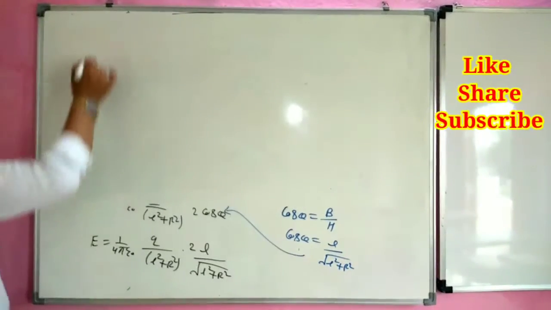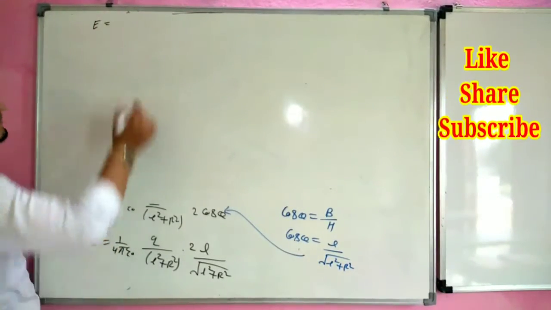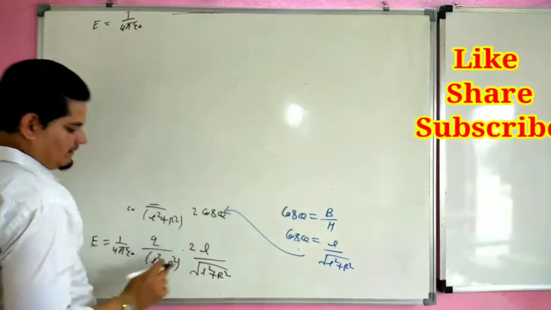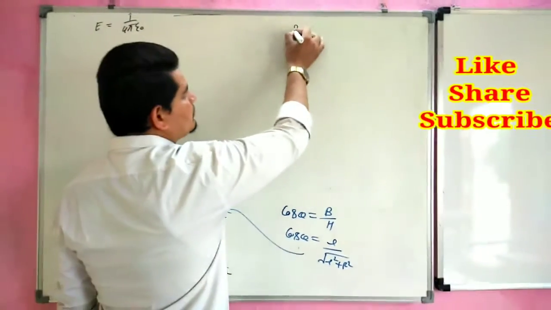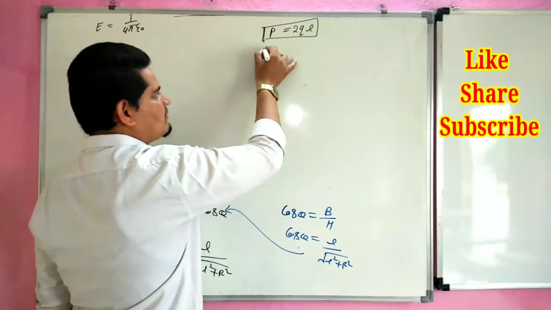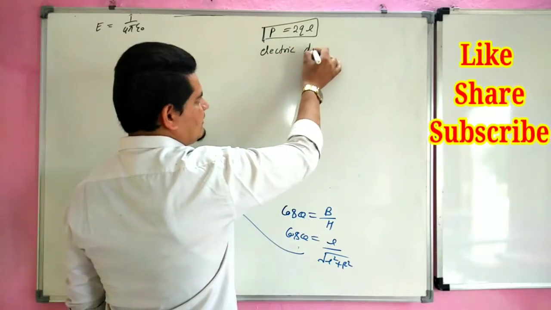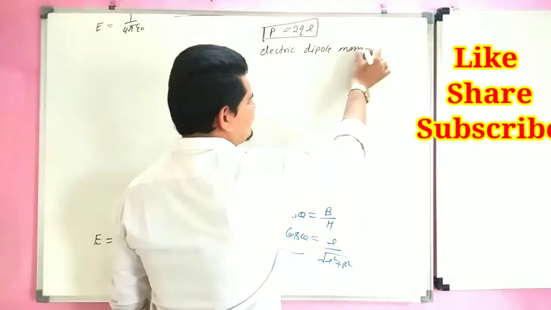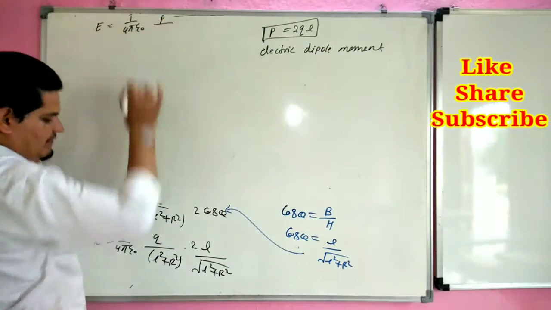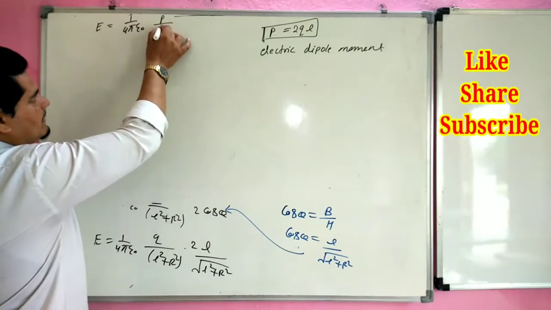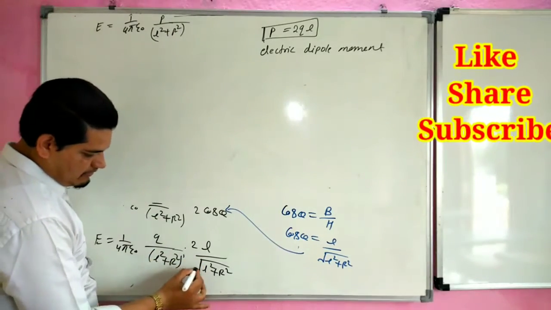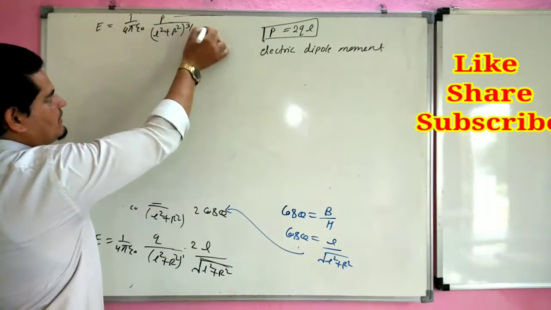Now E is equal to 1 upon 4 pi epsilon naught, this 2QL, we know that 2QL is P. This P is called electric dipole moment. So we can write P divided by (L square plus R square), whose power is 1 and it is called half power, so we can write 3 by 2.